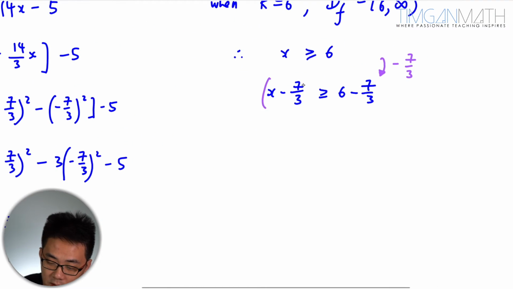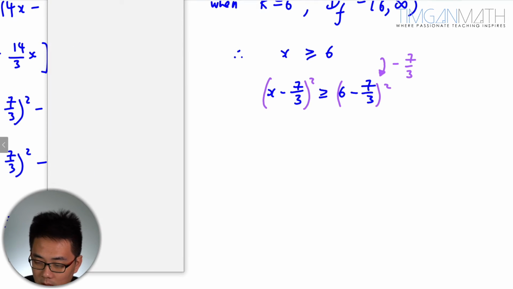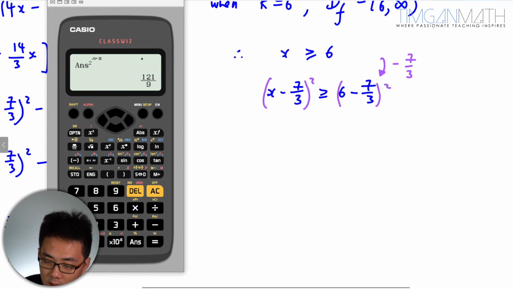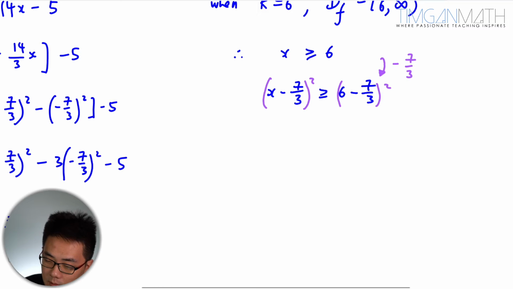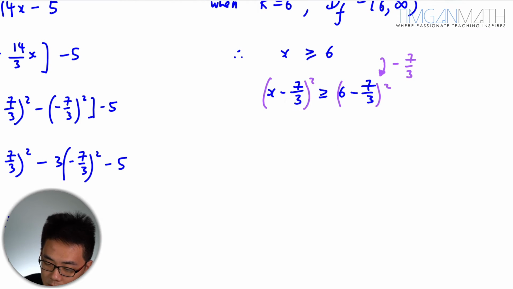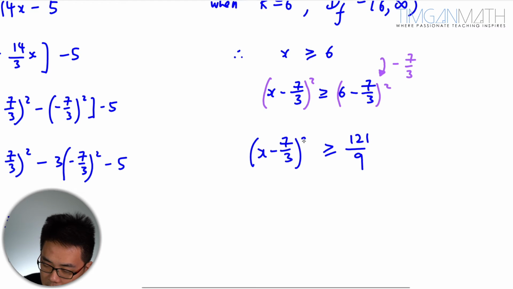Just key in the calculator: 6 minus 7 over 3, squared, will be 121 over 9. So it's 121 over 9, and this is (x minus 7 over 3) squared.